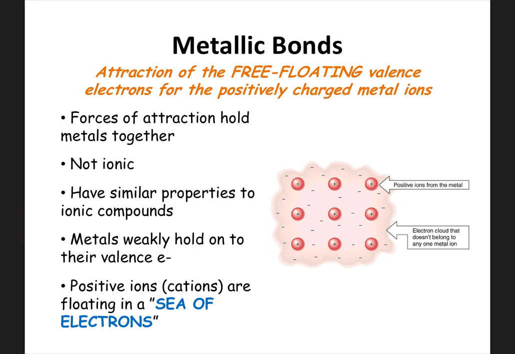So what happens here is metals don't want their valence electrons, they actually want to get rid of them. So in a metallic bond, we say that there are these free floating valence electrons. Each metal atom dumps its valence electrons and they're shared between all the different atoms. It's easiest to think about if this was a piece of aluminum foil.